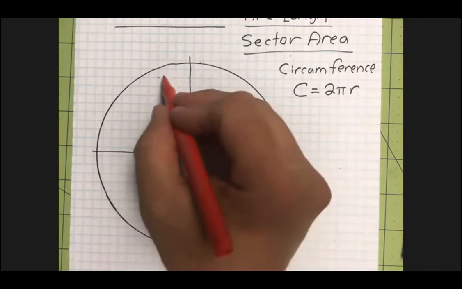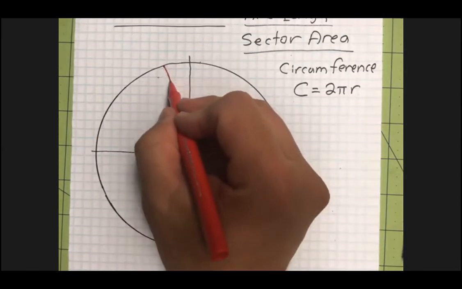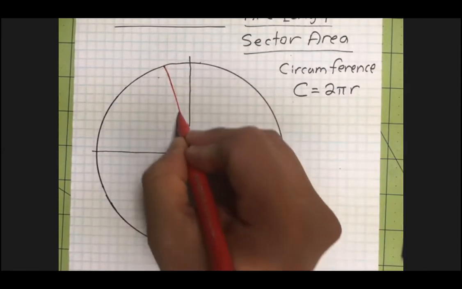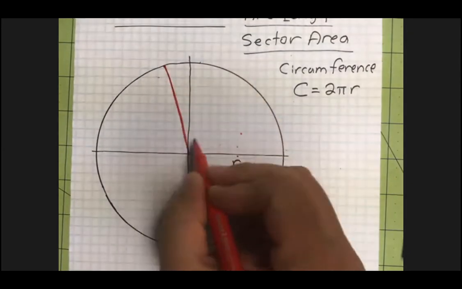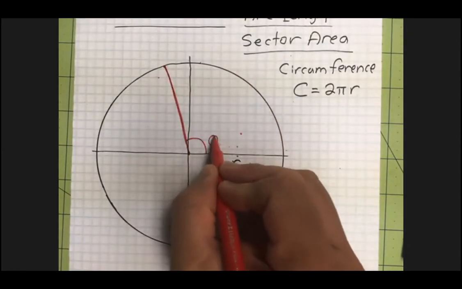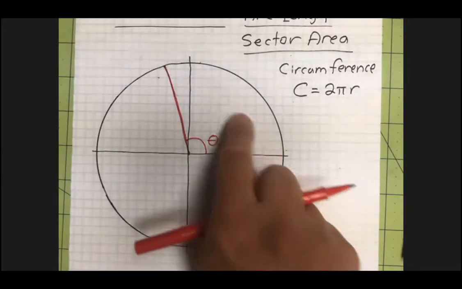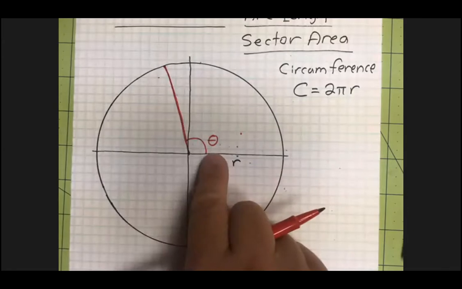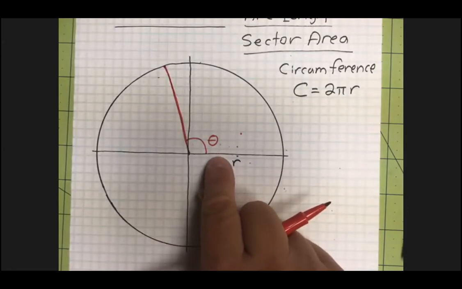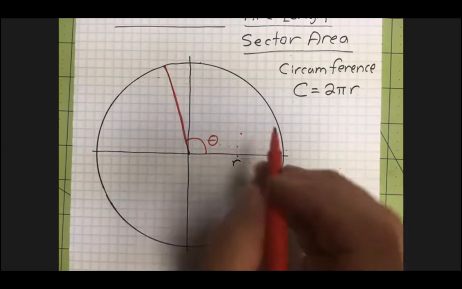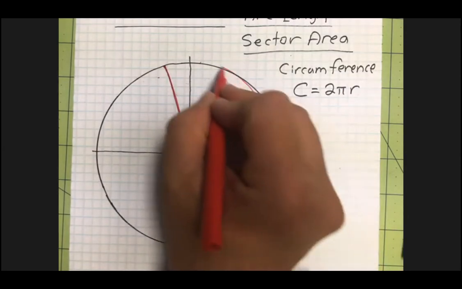What if you only went theta, and you didn't be too particular about what theta was? Let's just say you walked or turned theta degrees, theta radians. Then how much of the circle are you walking right here?